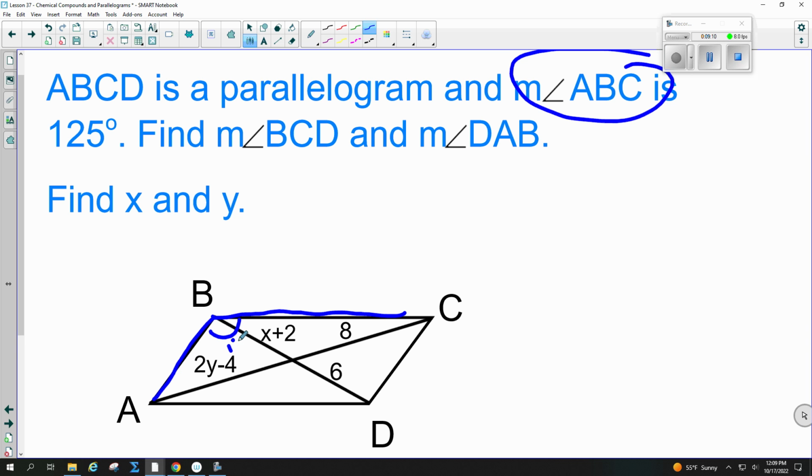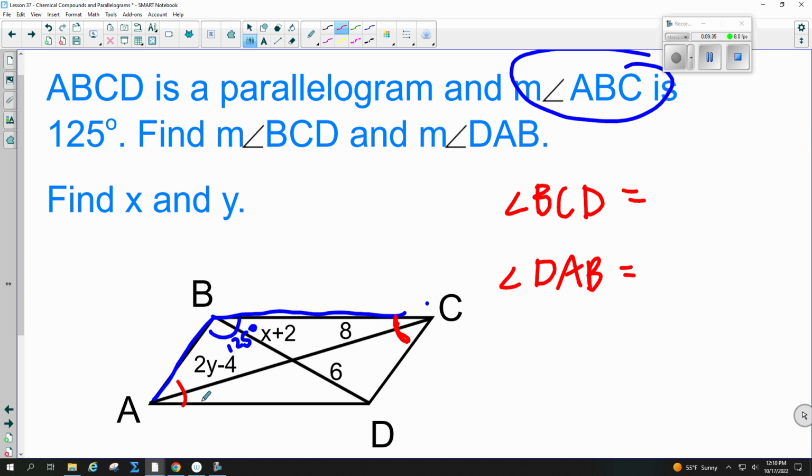Find the measure of BCD, sorry, BCD. So that's this one right here. And find the measure of angle DAB. That'd be this one. And then find x and y.